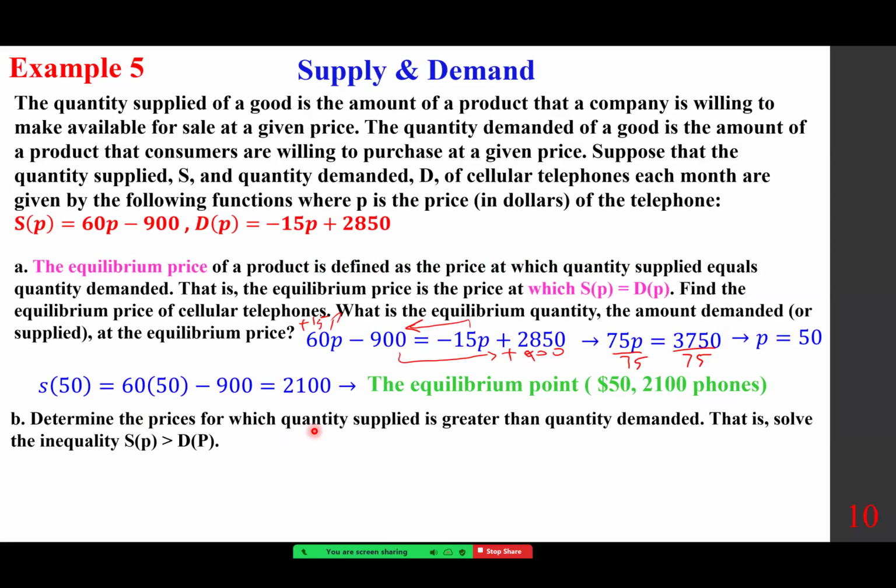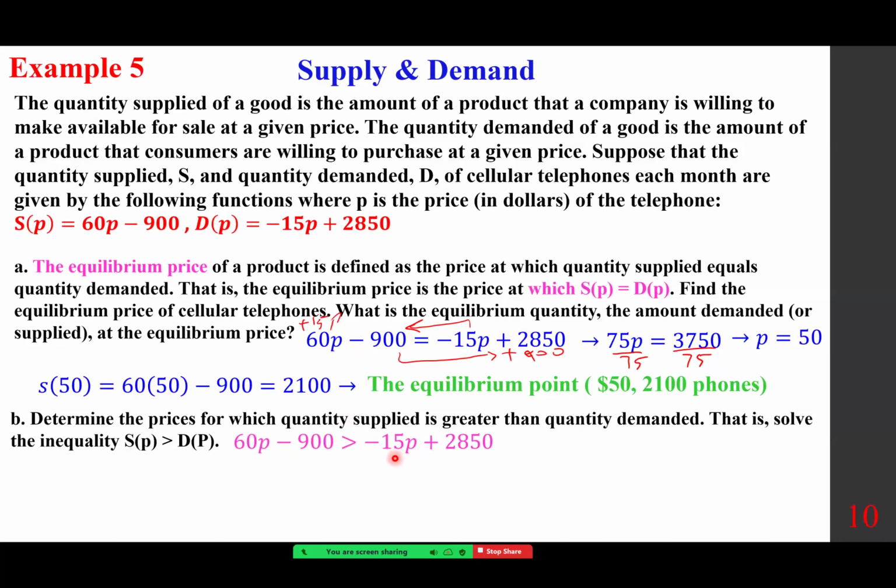Determine the price for which quantity supplied is greater than the quantity demanded. That is, solve the inequality S of P larger than D of P. We make the same move as we did here, the inequality works out the same way.